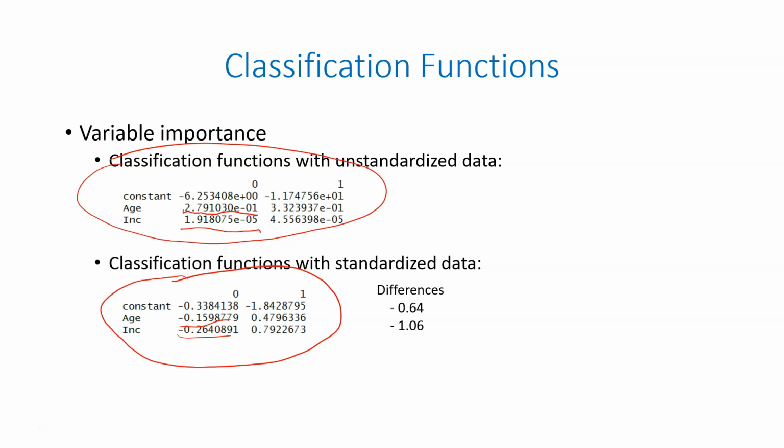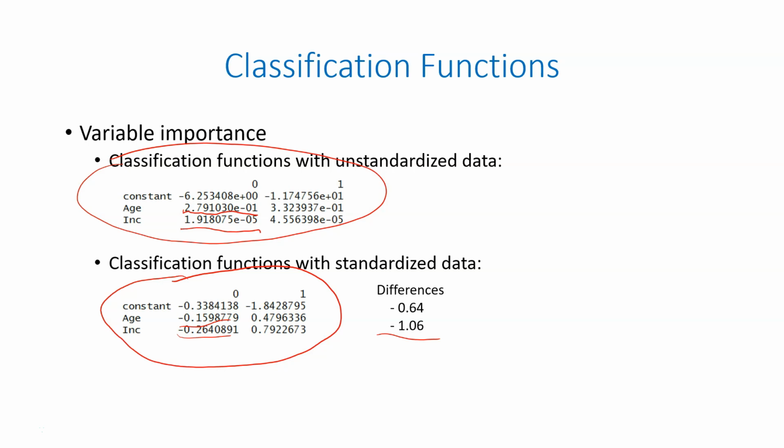The coefficients for age and income for class 0 are negative 0.16 and negative 0.26 respectively. In order to find out which variable is more important or a better discriminant of the two classes, we will look at the differences between their coefficients for each one of the classes.